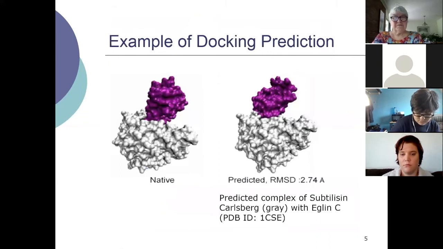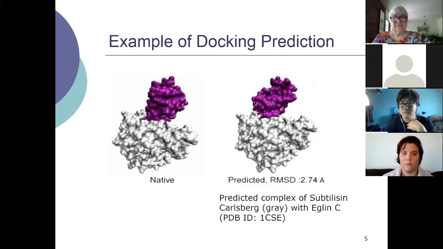So when people talk about docking, they often talk about protein-protein docking, but protein-ligand docking, drug-protein docking, is another thing people refer to as docking. Here I'm talking about protein-protein docking.